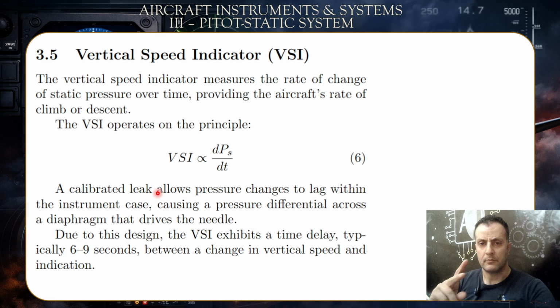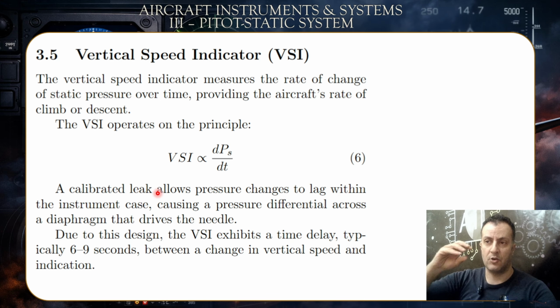Now, by the way, how it works is that, let's say you're climbing. During the climb, the diaphragm would dilate. This dilation, this expansion, would make the pressure of the air at that moment less than the static pressure that was formerly on the inside.